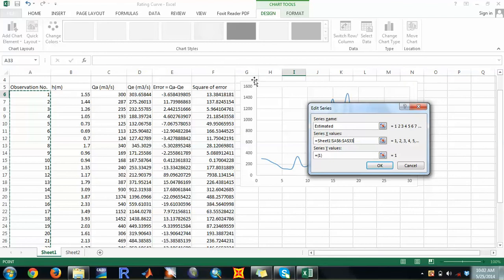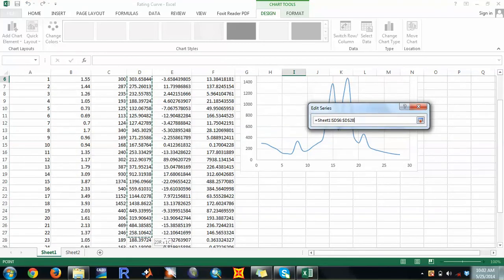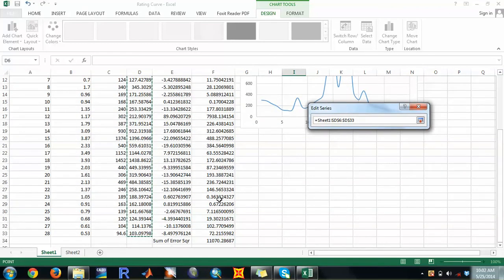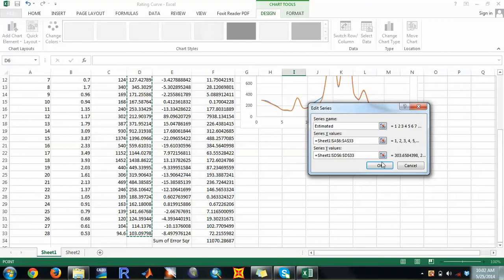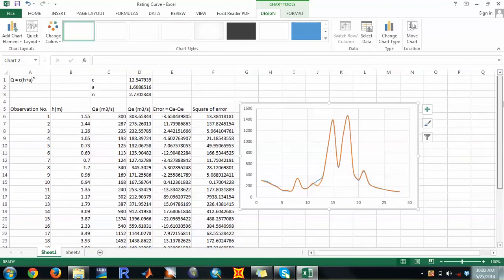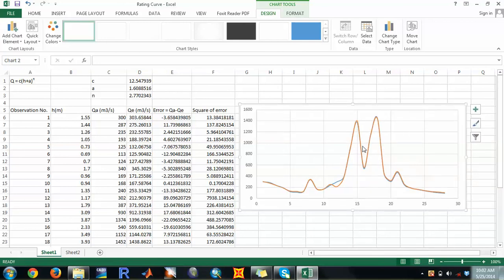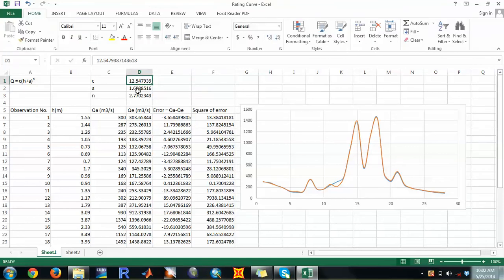The y value will be the estimated discharge, and then you can see how close these two graphs are. If you see this, it is nearly a perfect fit. So these values are good enough to represent our watershed.